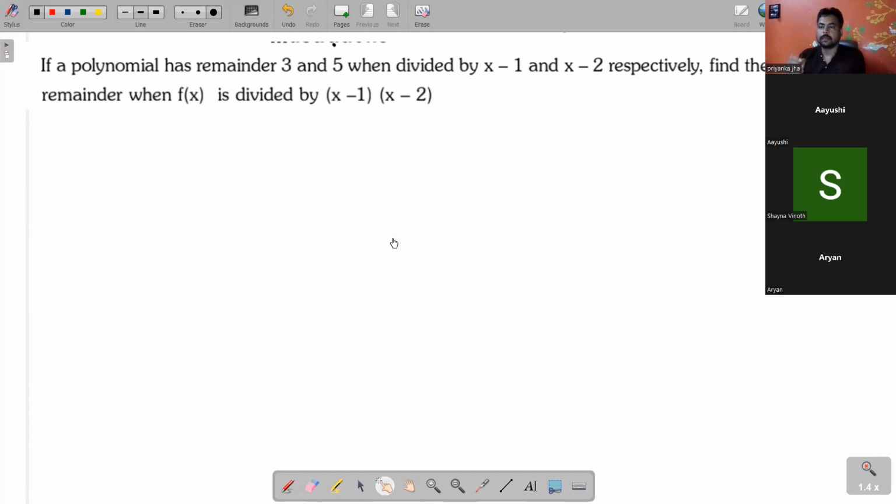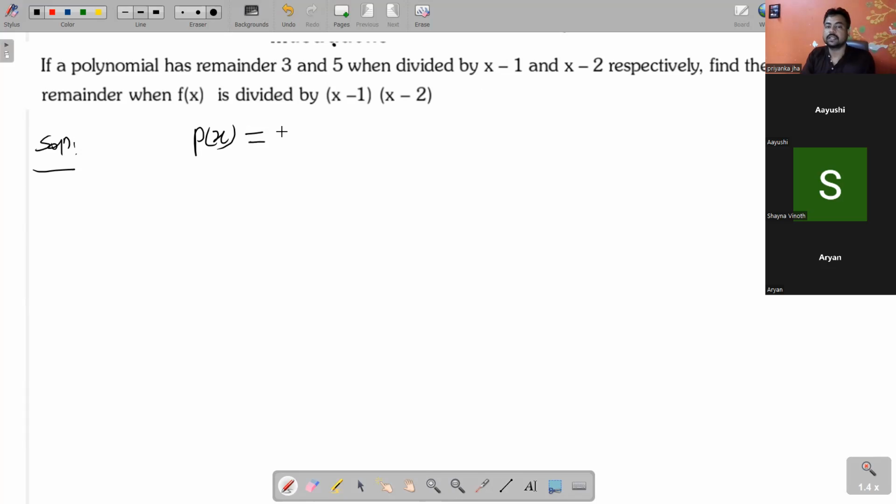Okay, now let me solve it. See, the question says that a polynomial has remainder 3 and 5 when divided by x minus 1 and x minus 2 respectively. I don't know what that polynomial is, but suppose p(x) is any polynomial. If you divide this polynomial by x minus 1, you get remainder 3.